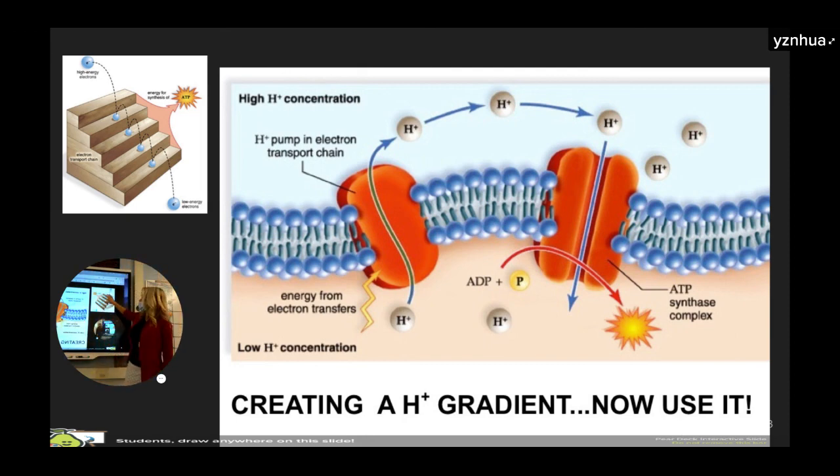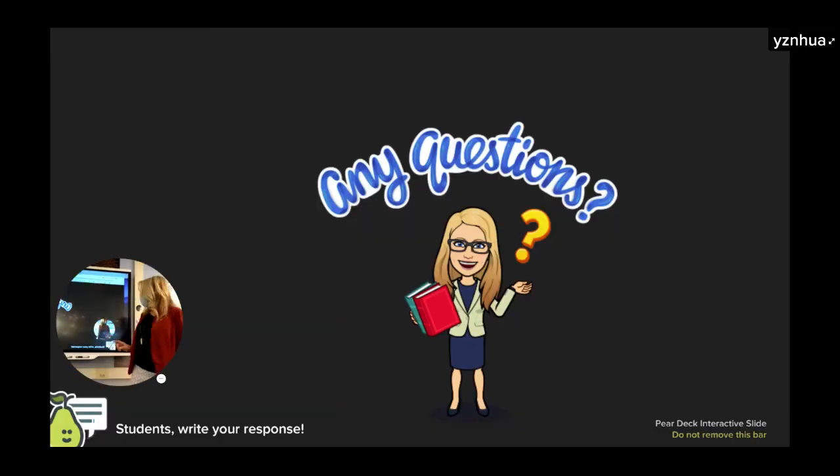No. So you're going to use some of the energy, though, in the transfer to pump hydrogen ions to one side of a membrane. And we know we can use that because when it comes back in, we can make some ATP from that. All right, you okay with that part? Okay, and then that is the very end. And do you have any questions you want to ask me?